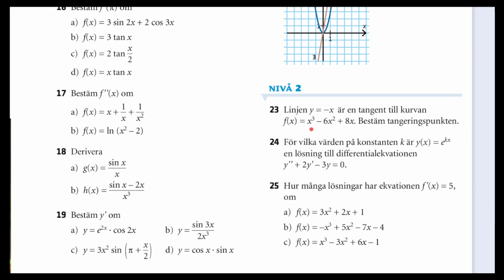So the coordinates of the tangent point should satisfy not only the function, but also the tangent line. But this one does not fit that, because 3 and -3 is not on this line. So this is the only one that fits, and the other is not acceptable in this problem. This is the answer. But that was a good question, actually.